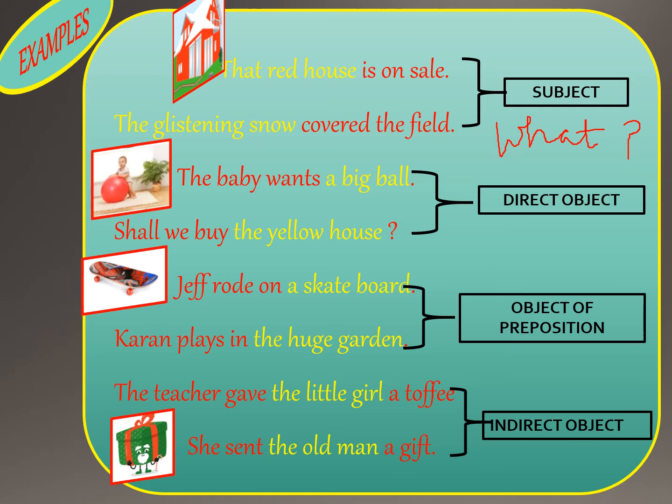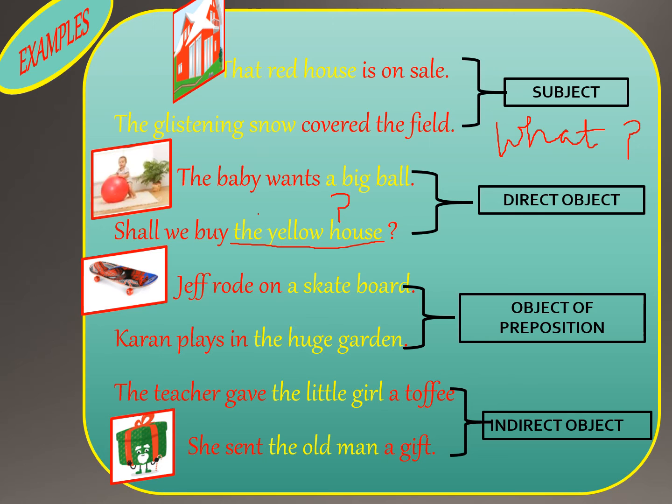Now let's take the next one. Shall we buy the yellow house? Shall we buy what? The yellow house. Here, the yellow house is acting like a direct object because it is answering what. So as I told you, the structure of a noun phrase is going to be a noun plus a modifier.